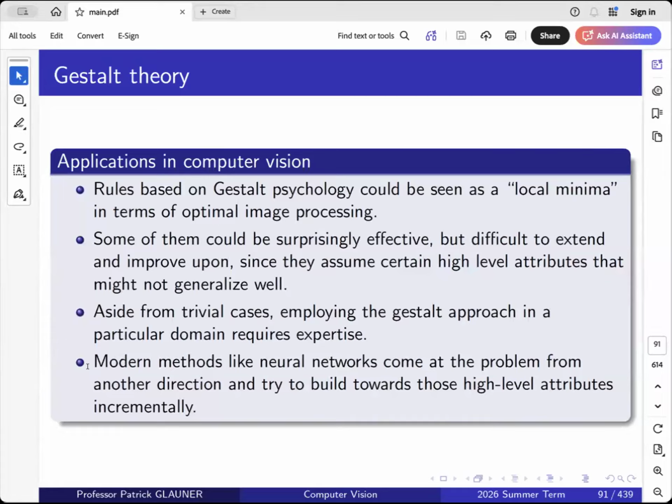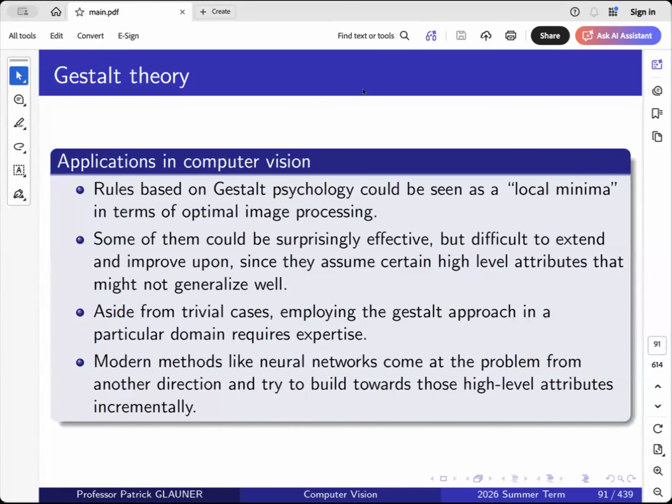However, probably most vision systems today are more sophisticated. We use things like neural networks, and we actually try to learn such properties from data, and we don't describe this as rules from Gestalt psychology.